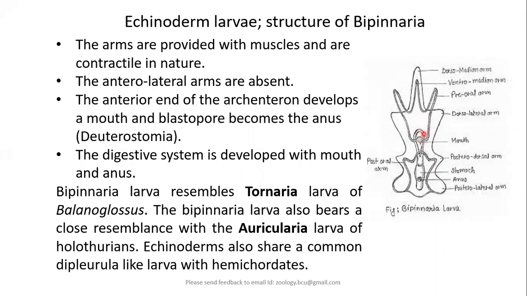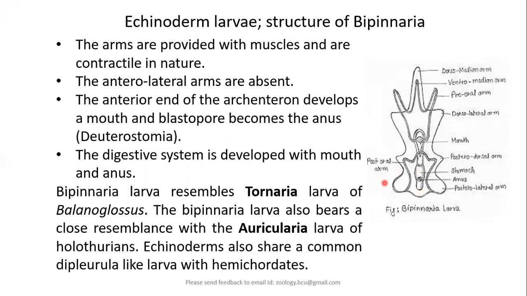At the anterior end of the archenteron, the larva develops a mouth and the blastopore is retained as the anus. So, Bipinnaria larvae exhibit deuterostomy and the digestive system is well developed, complete with mouth and anus.